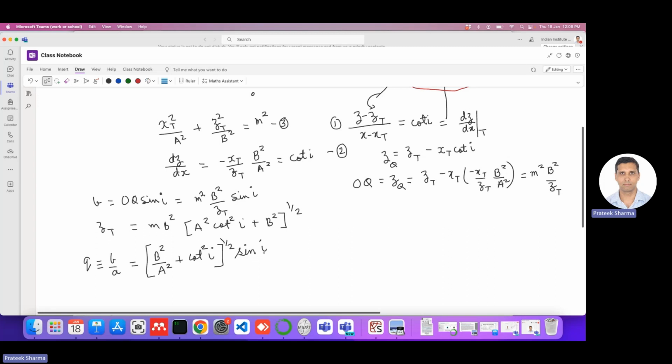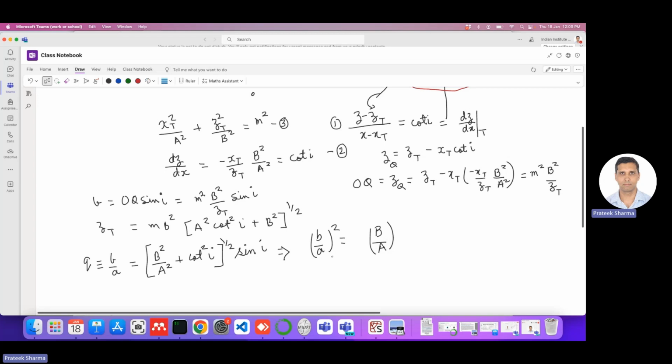We can actually simplify it further. We can write it in terms of sine and cosine. So this implies b by a squared is equal to capital B by A, the true axis ratio, squared, times sine squared i plus cos squared i, right?